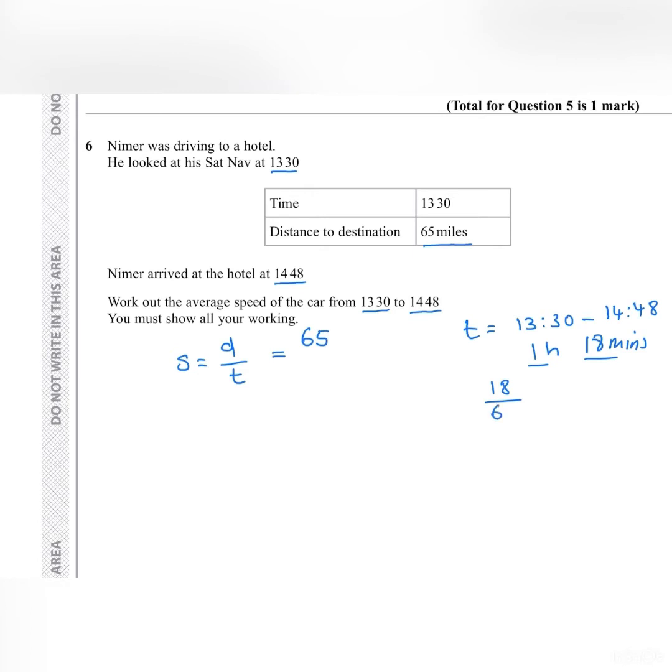So it's going to be 18 divided by 60, which is 0.3. So the time was 1 hour and then 0.3 hours, so 1.3 hours. Then we can substitute this into here. Distance divided by time, 65 divided by 1.3, which is 50 miles per hour.